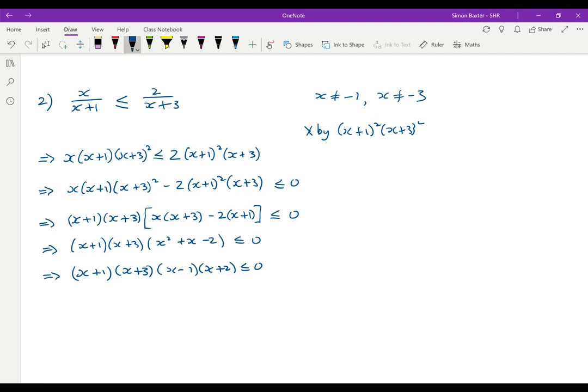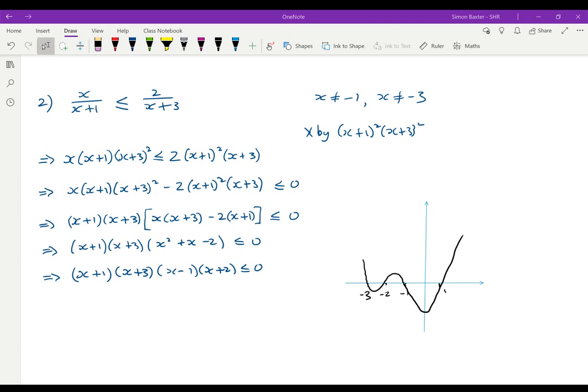So now if we look at the function on the left-hand side, it's a 4th degree function. The coefficient of x to the 4 is plus 1. So this is going to be a graph which is that way up. So we now need to sketch that and just have a look and see what's going on.